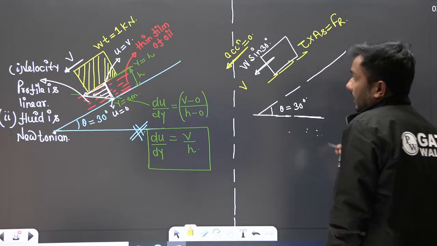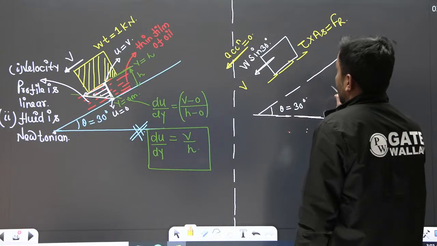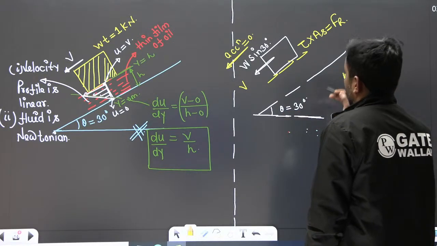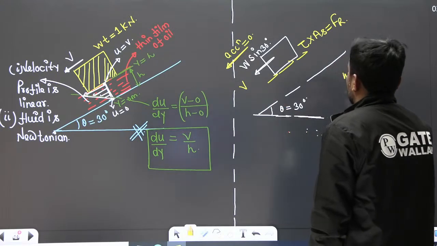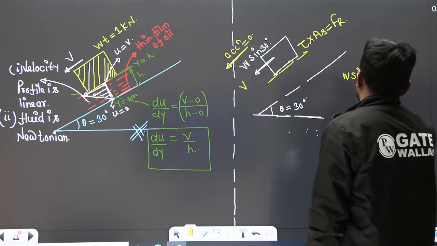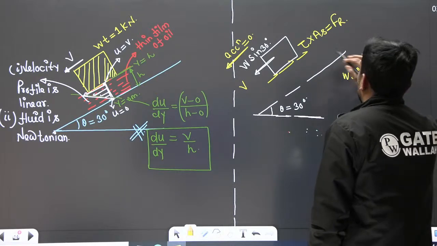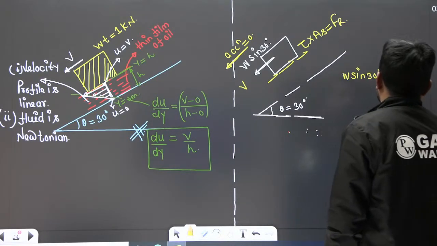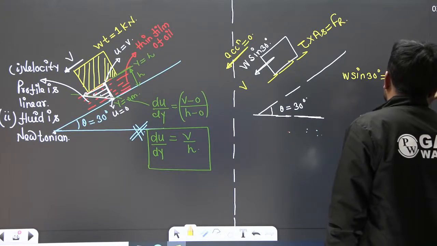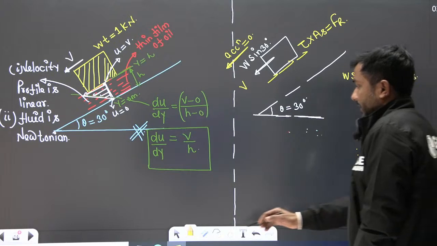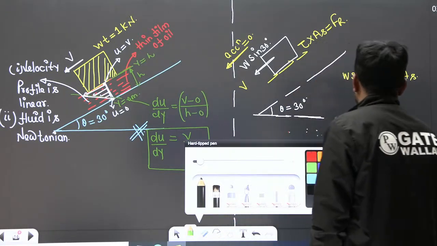So we just need to balance the forces. In the inclined direction, W sine theta, or W sine 30, is in downward direction, and in opposite direction that is tau multiplied by surface area. Acceleration should be 0, so we can write W sine 30 is equal to tau multiplied by A_s.